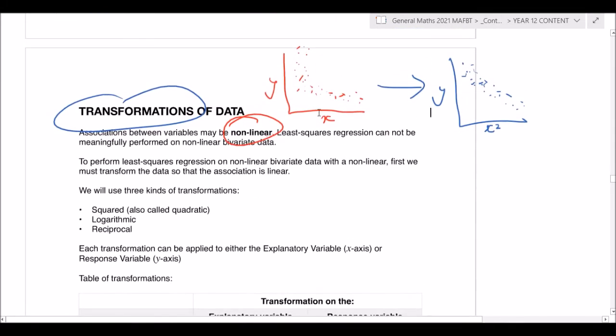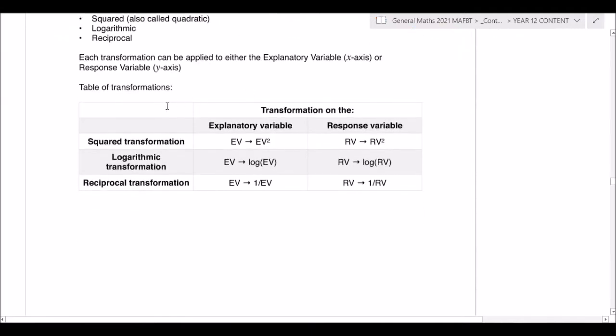So you can apply a transformation on the EV or the x, or on the RV or the y, and it will make the data linear. These are the different transformations. You can square your variables like that, you can log your variables, and you can also do a reciprocal on your variables, which just means it's 1 over the variable, or 1 divided by your variable.